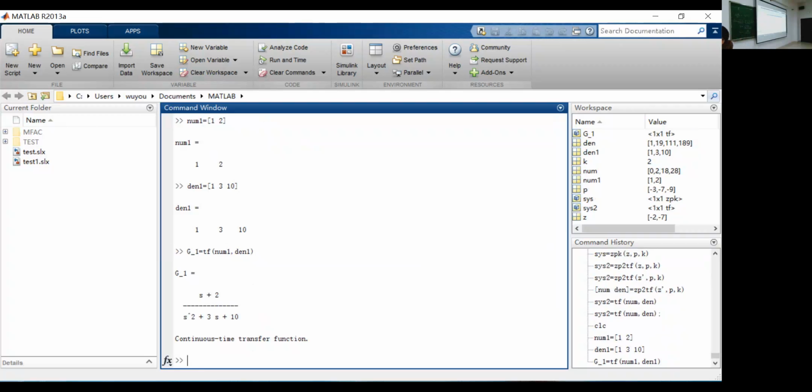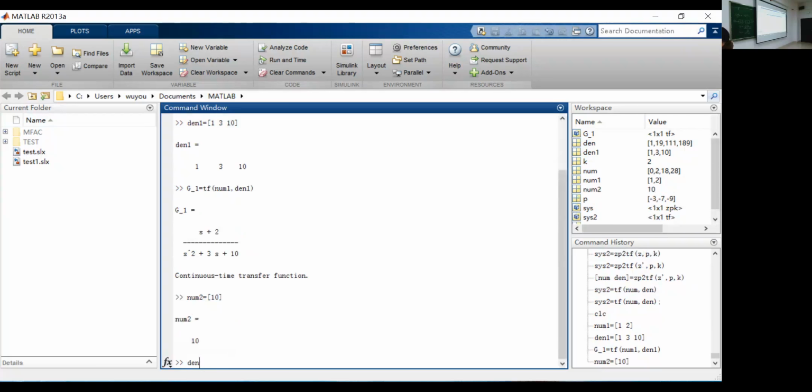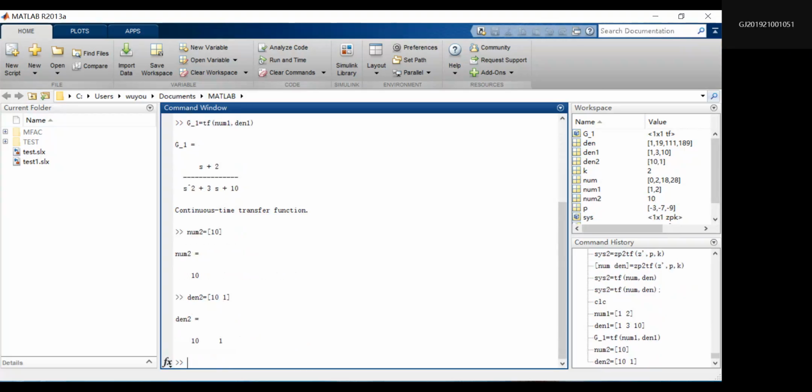Then how about G2? How to type in G2? Numerator 2 is just 10, right? How about the denominator? 10, 1. And then use the code.